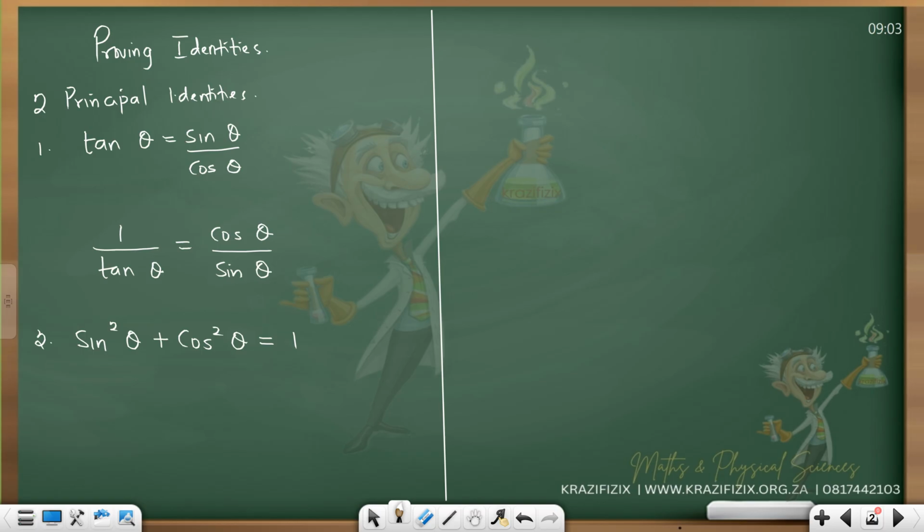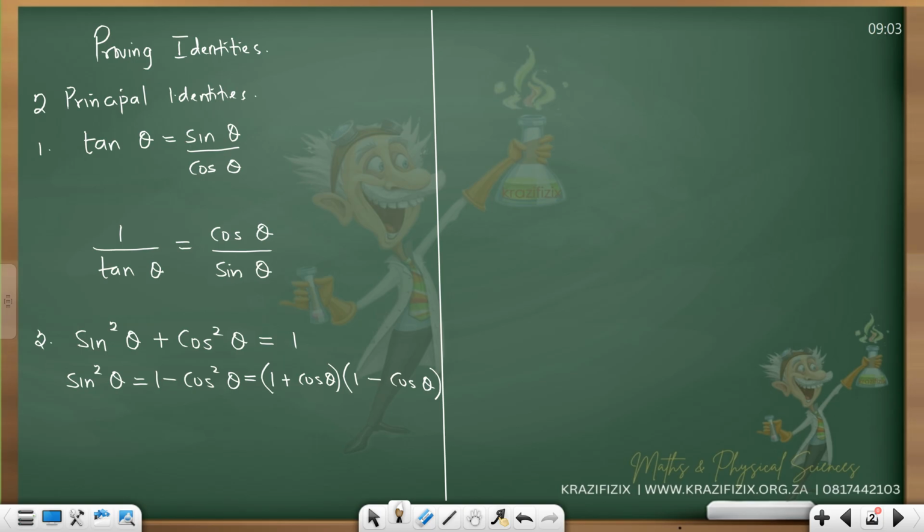And from here, we can say that sine squared theta is 1 minus cos squared theta. And we also mentioned that this can be written as two brackets, because we are proving identities that will be required: 1 plus cos theta, 1 minus cos theta.